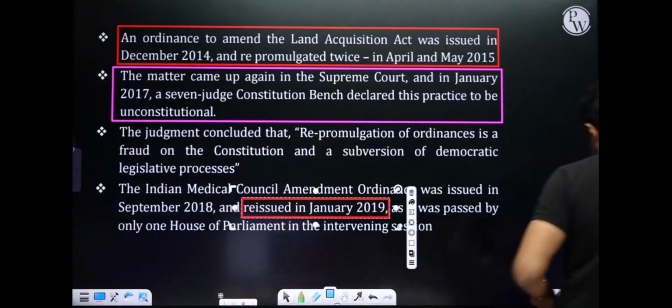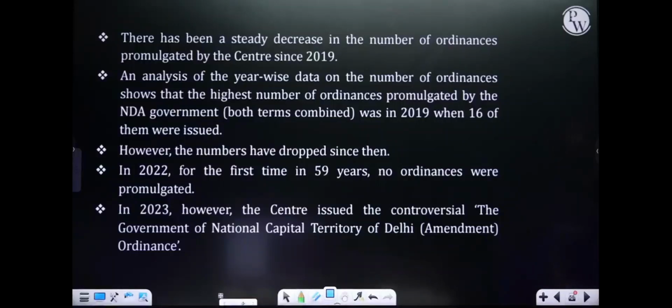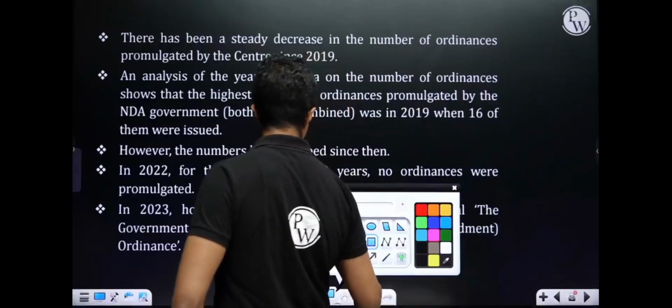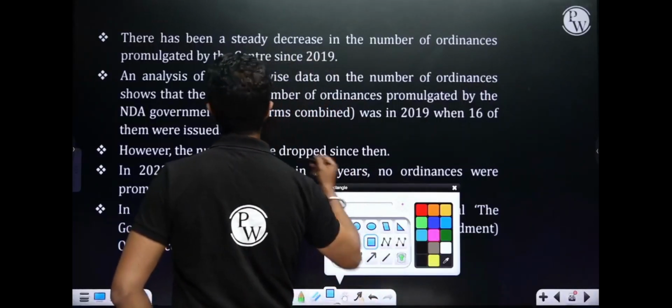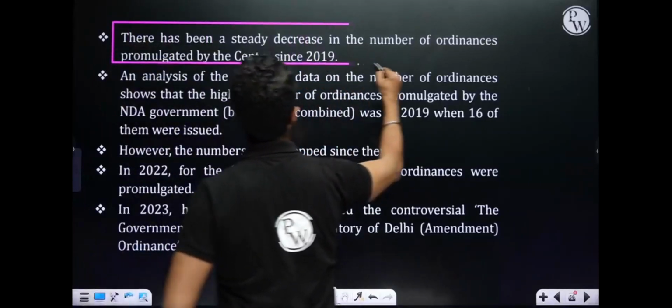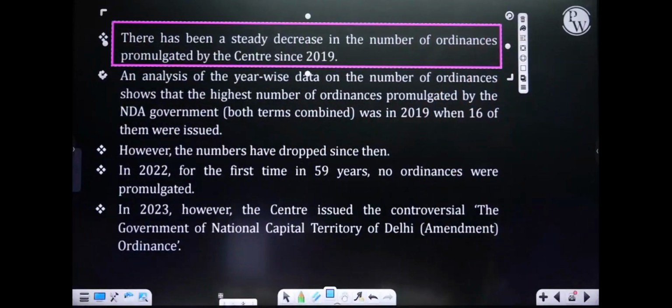Taking it further forward, there has been a steady decrease in the number of ordinances promulgated by the center since 2019. An analysis of the year-wise data shows that the highest number of ordinances promulgated by the NDA government was in 2019 when 16 of them were issued.